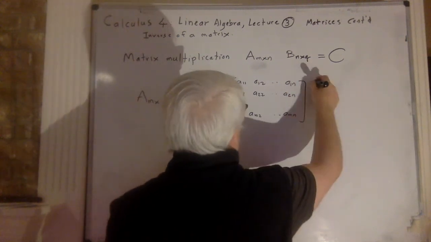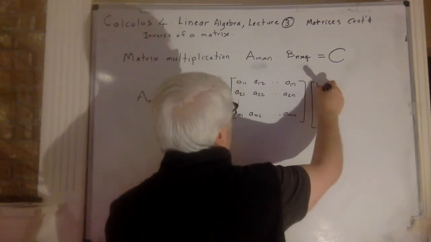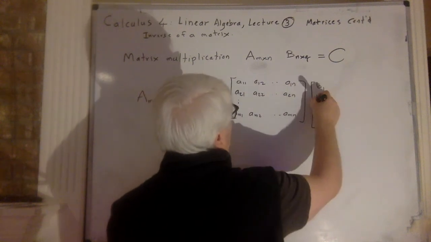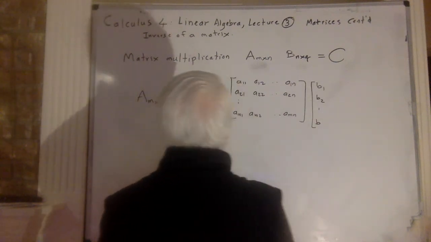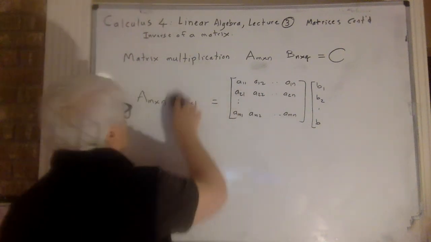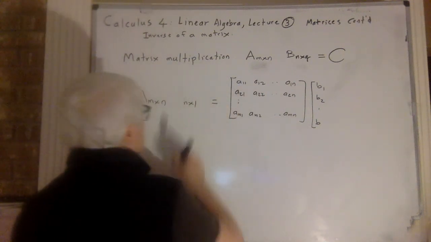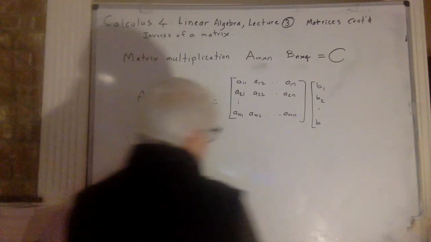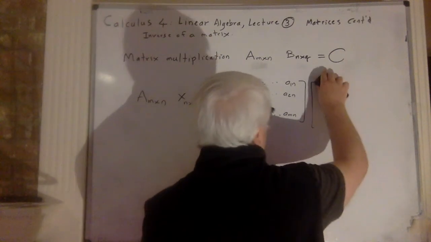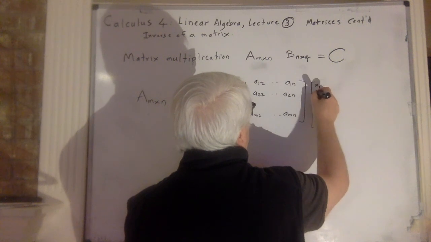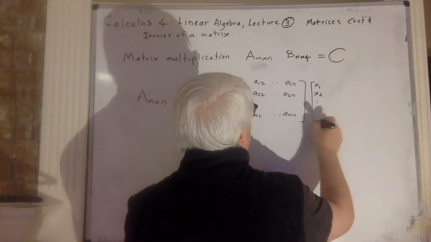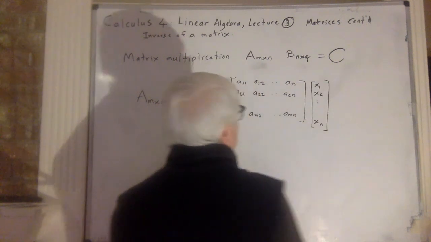And I'm multiplying this by a column vector, so let's just write B. Let me use some other notation here, X. X1, X2, Xn.